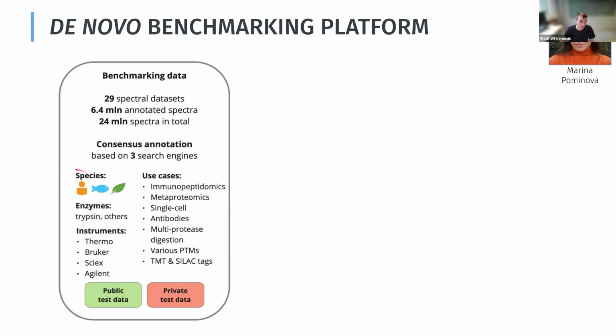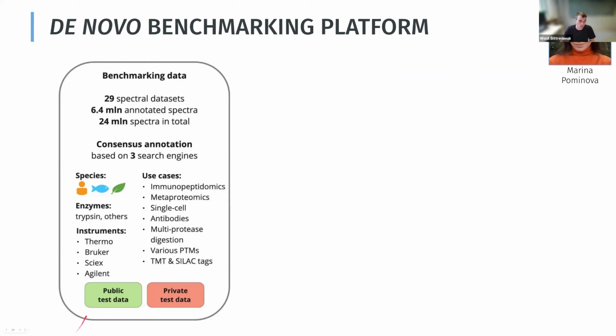The data sets come from various different species, so human, other model organisms, plants, animals, metaproteomics, etc., processed with different enzymes, trypsin, other enzymes, immunopeptidomics, non-specific cleavage, and from different mass spectrometry vendors, to really try to cover the broad range of proteomics approaches that one might want to tackle with de novo sequencing as much as possible.